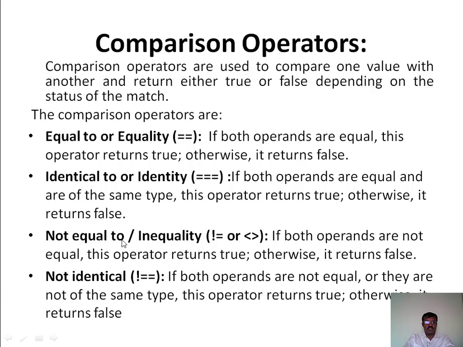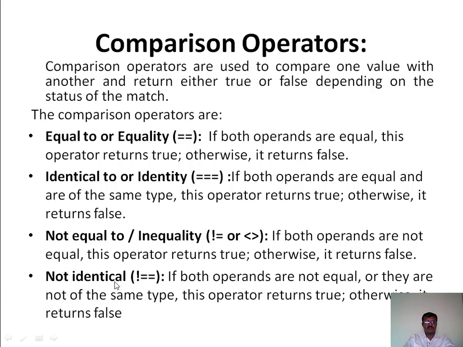Not equal to or inequality operator, represented by an exclamation mark followed by an equal sign, or the not equal symbol. If both operands are not equal, this operator returns true, otherwise it returns false.